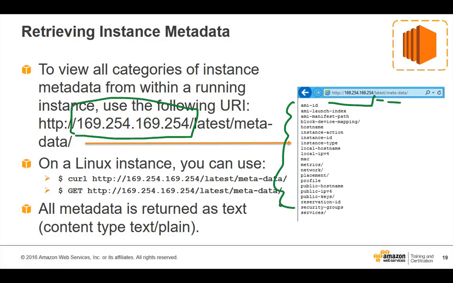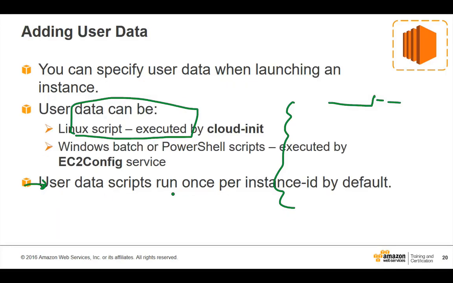Okay. On a Linux machine, you can do this. All it is is text returned back to you defining many things surrounding your machine. Now the other option, of course, is you can go into the console and see all this stuff. But it's sometimes very useful to retrieve instance metadata on the machine itself.